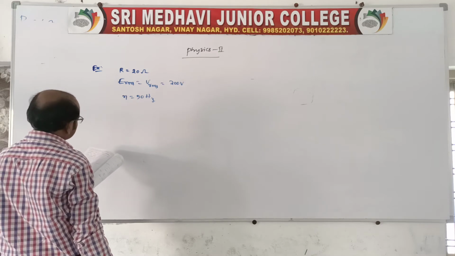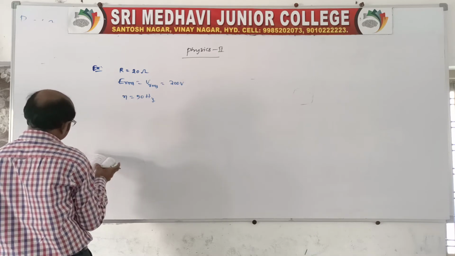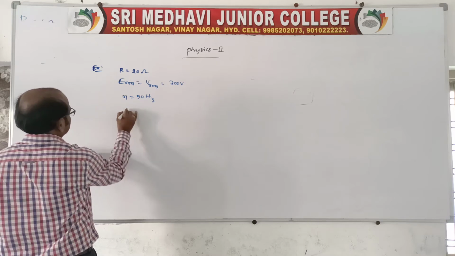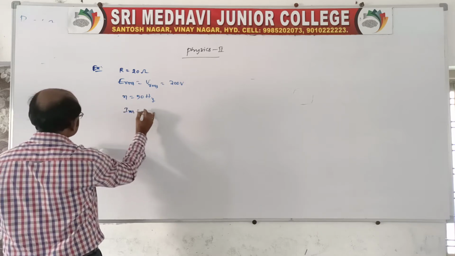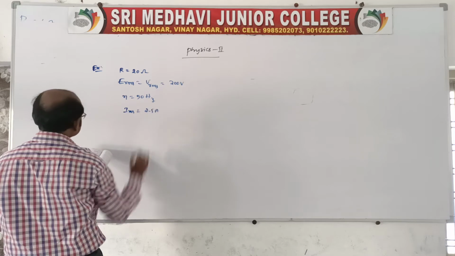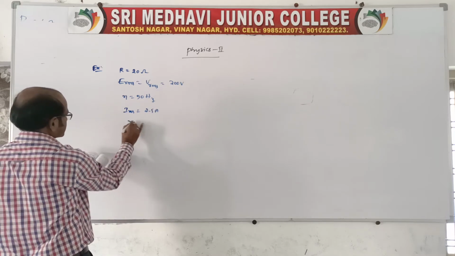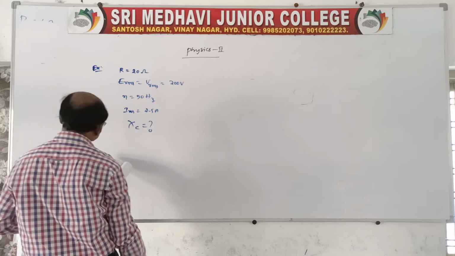The ammeter reading is given, the current IRMS, 2.5 ampere. Calculate the reactance of the capacitor. XC is asked.